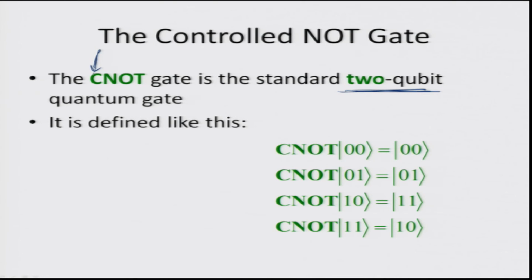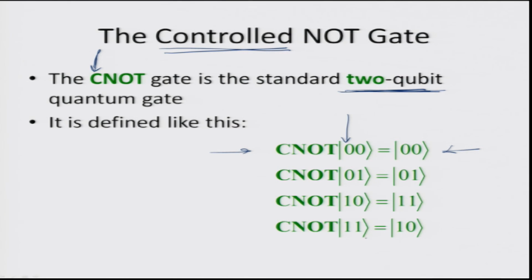So, the control NOT gate or the CNOT gate, as it is popularly known, is a standard 2 qubit quantum gate, and it is defined in this fashion. When you are only operating on the 0 0, then it is just going to give back the same one, because your control parameter is essentially the 0. So, whenever you have zeros, then it is leaving it.